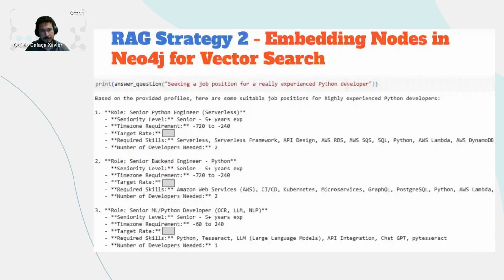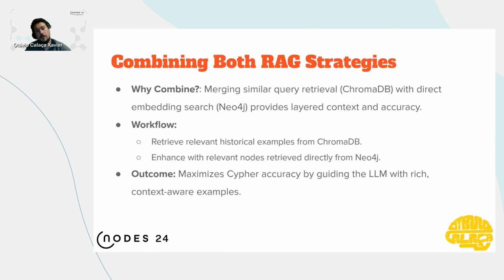So how to combine those two strategies? Actually, why combine them? For some cases, when generating the Cypher query, we may need actual data, not only the structure of the knowledge graph.